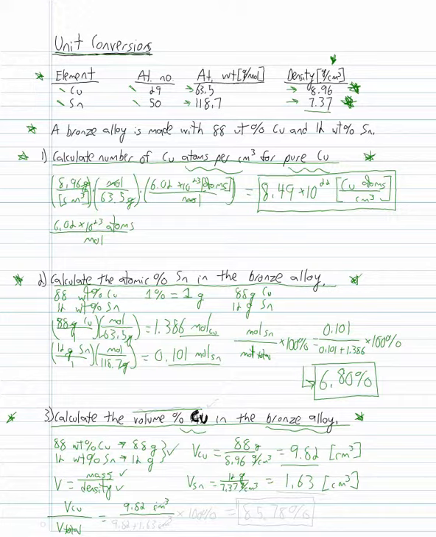Divide that by our total, which will be 9.82 plus the volume of the tin, which is 1.63, both in centimeters cubed. The units cancel out, and we'll multiply it by 100% to get a percentage, and that's going to yield 85.78%. And that's going to be the volume percent of copper as requested in the problem, so we're good there.